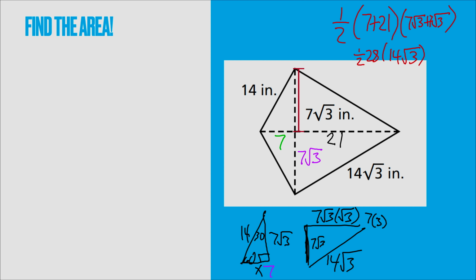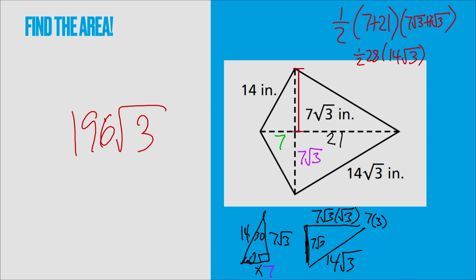At that point, the square root of 3 is going to stay the same. Now I just need to figure out what half of 28 times 14 is. I get into my calculator, and I just say 14 times 28 divided by 2, and that gets us 196 square roots of 3.